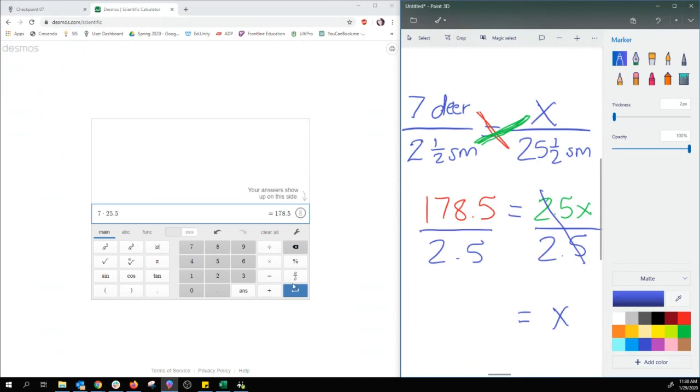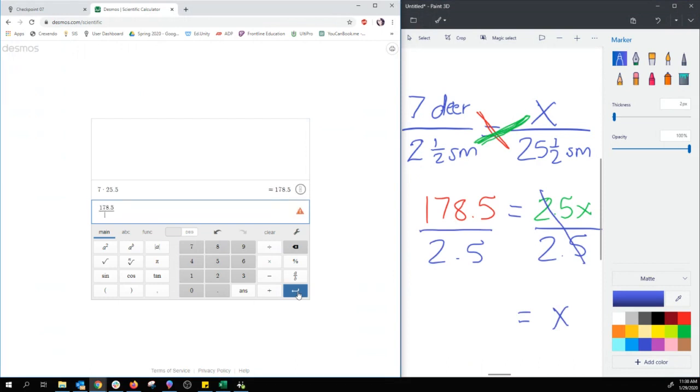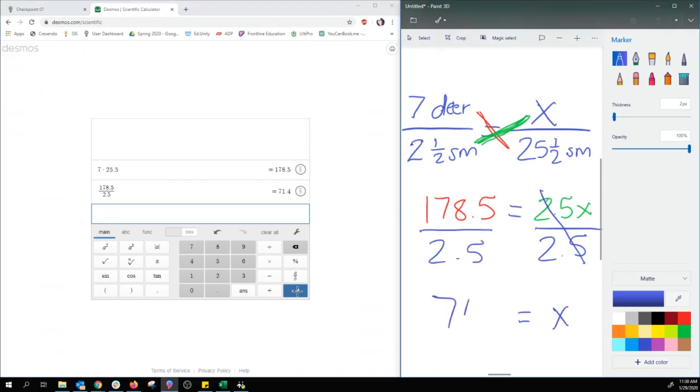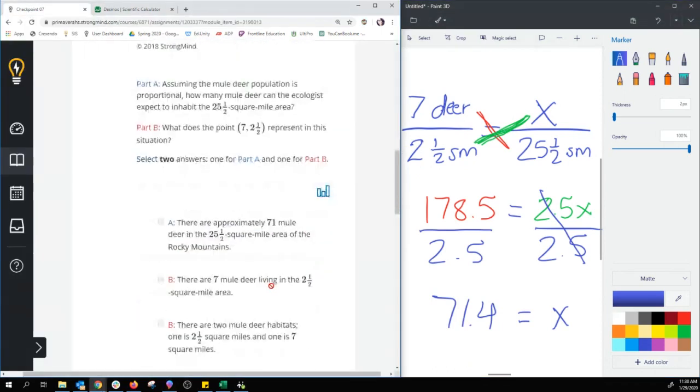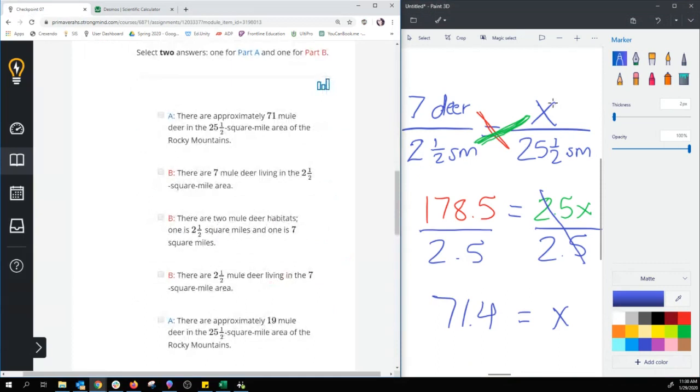And then let's type that into our calculator. So 178.5 divided by 2.5 tells me that I have 71.4 deer that cover 25.5 square miles.